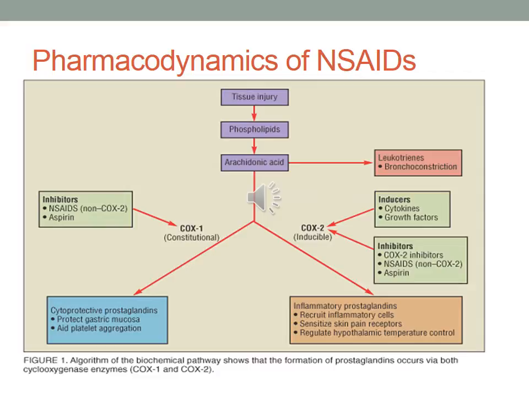The COX-2 inhibitors only inhibit the formation of COX-2, which are the inflammatory prostaglandins that work in the typical acute inflammatory process, whereas your other NSAIDs will prevent the formation of COX-1 and COX-2. Now, the drawback to that would be that your protective prostaglandins will get blocked with that as well. You also have your leukotrienes, which function with controlling bronchoconstriction as well.